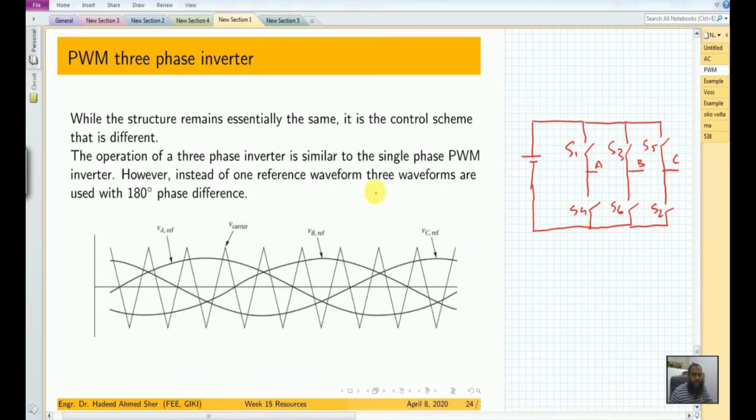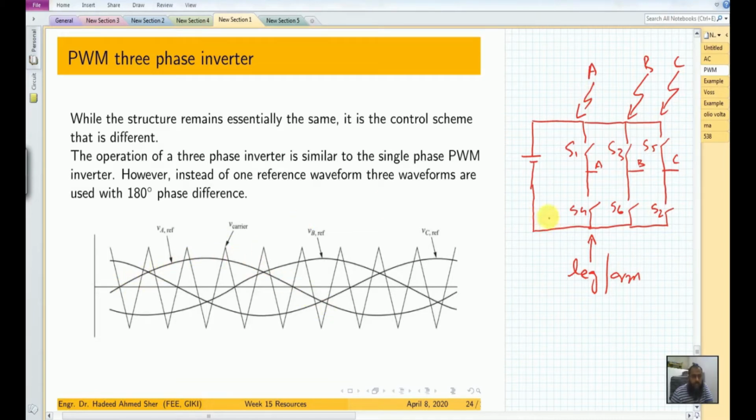However, as we have seen in the single phase PWM scheme, we need a sinusoidal reference waveform for each arm: this is for A phase, this is for B phase, and this is for C phase. So for each arm or leg of the three-phase inverter, we require a separate reference waveform.